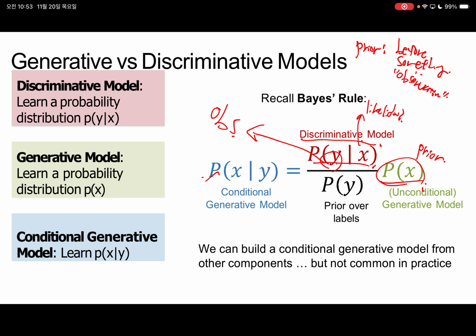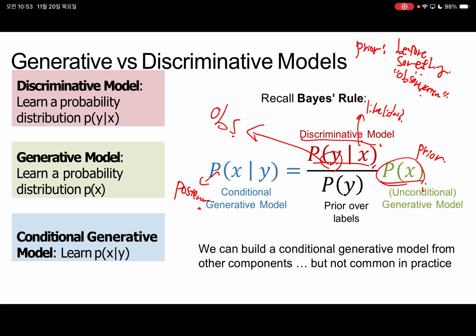And this is posterior. So posterior means after something. So something is also observation. After seeing something, that means after observing something, our probability changes from prior to posterior. So this is called prior.